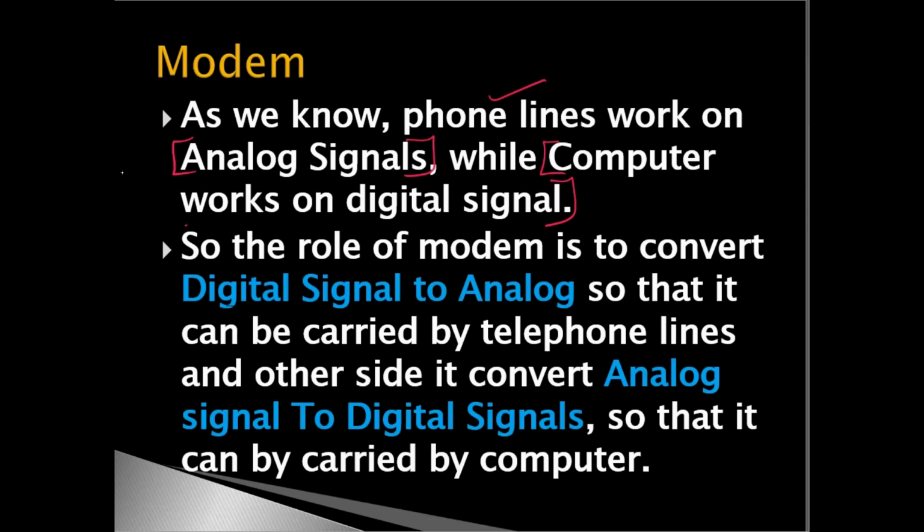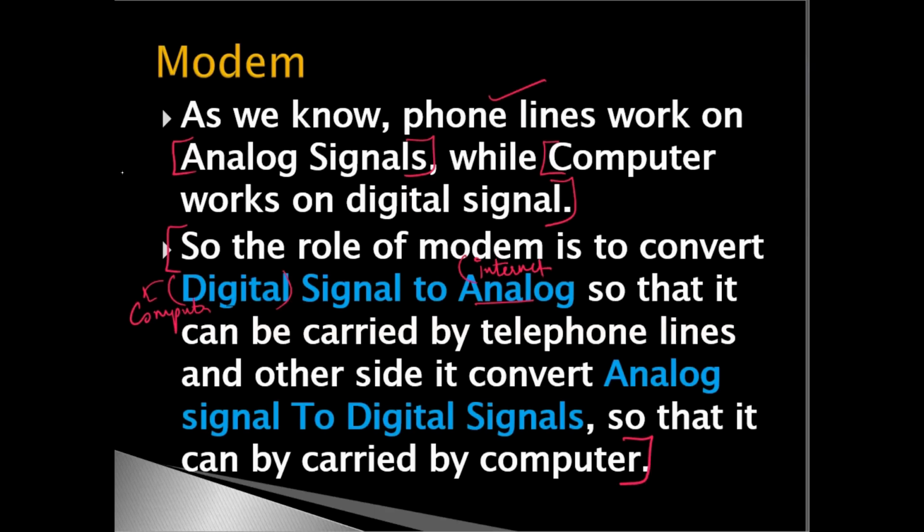Read the second point. The role of the modem is that first it converts the digital signal to an analog signal. The digital signal is also called the computer signal, and the analog signal is also called the internet signal. Make a note of it.